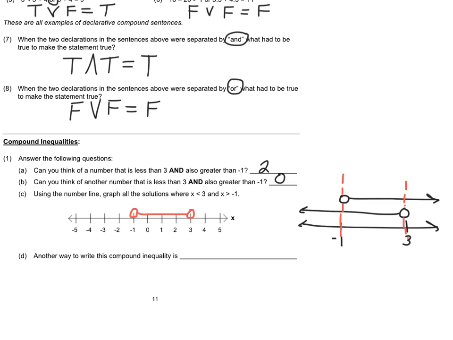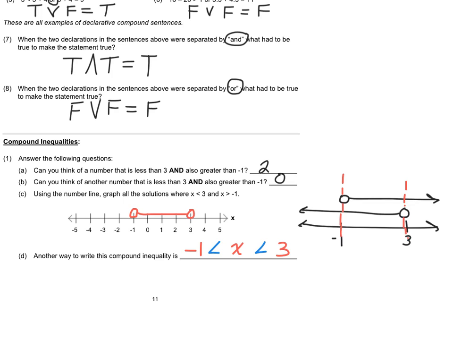Now, in terms of the compound inequality, this is actually kind of nice because when you have an inequality that's between two numbers, you could actually just write the inequality itself the same way. So I'm starting with -1. The x value, whatever it is, has to be between that -1 and the 3. But it can't be equal to the 3, and it can't be equal to the -1.